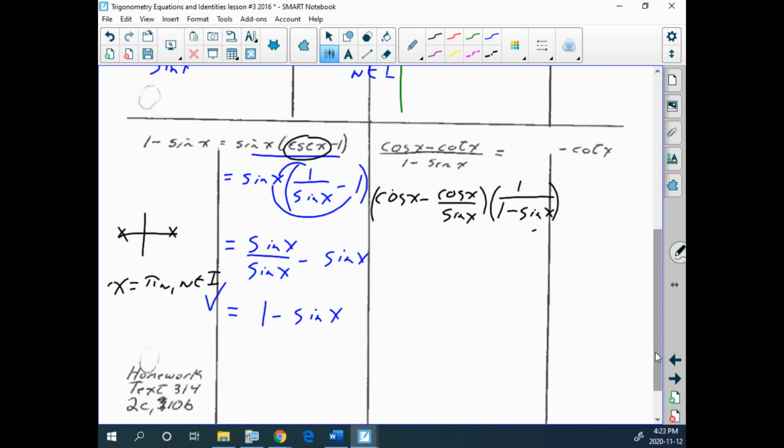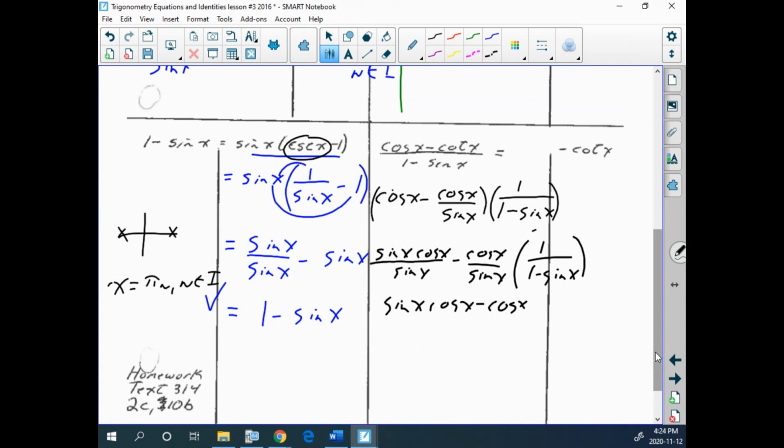So this becomes sine x cos x over sine x minus cos x over sine x, times 1 over 1 minus sine x. Tidy this up a little bit: sine x cos x minus cos x, all over sine x.